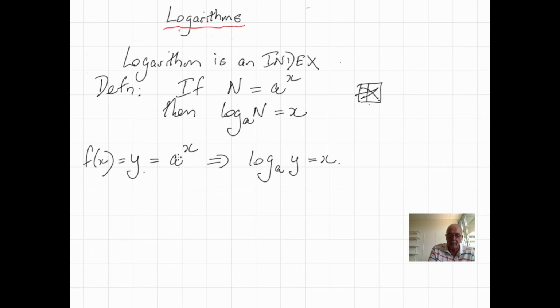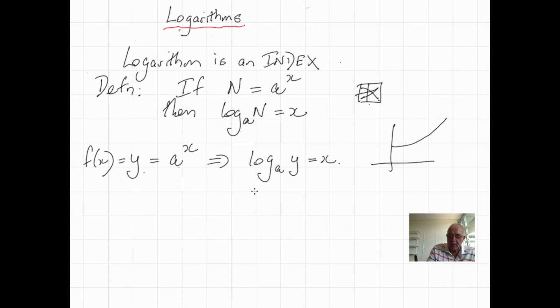We've already seen that for these graphs we can apply the horizontal line test and it'll only cut the graph once. So a to the x, don't forget, is going like that. And with the horizontal line test, we already know that we've got an inverse. So our first step is to apply the laws of logarithms, and because we want to make x the subject, which we have, our third step is to interchange x and y.